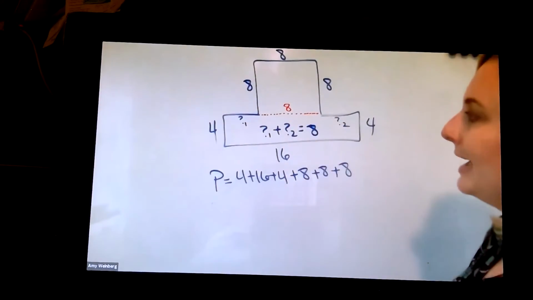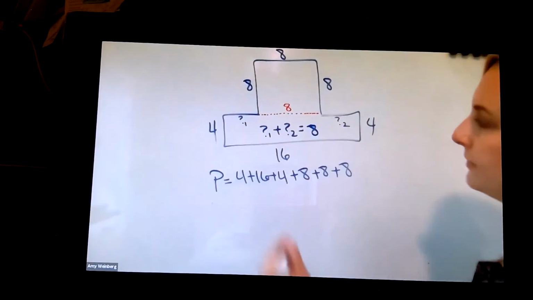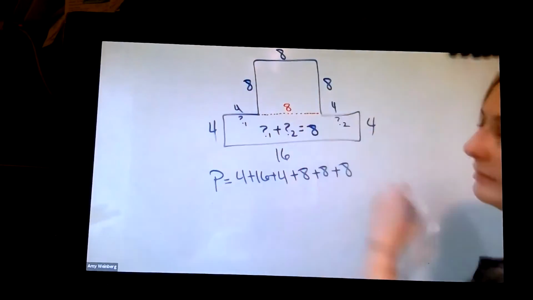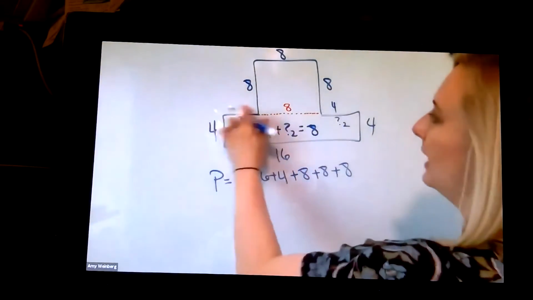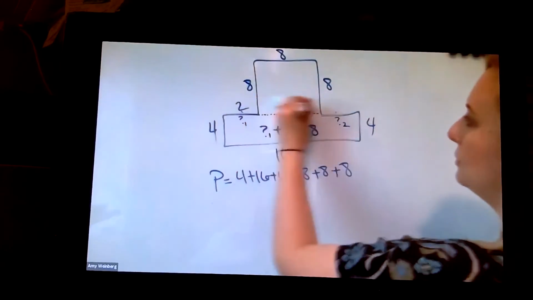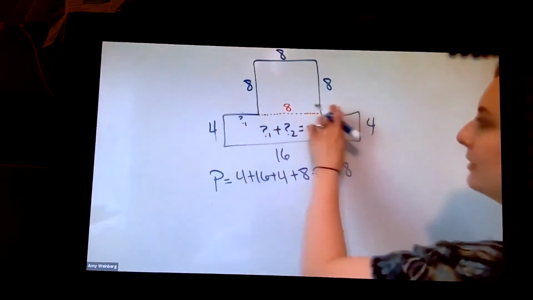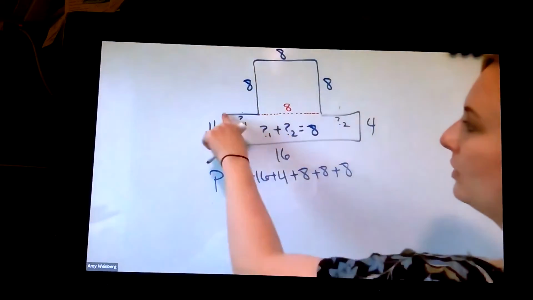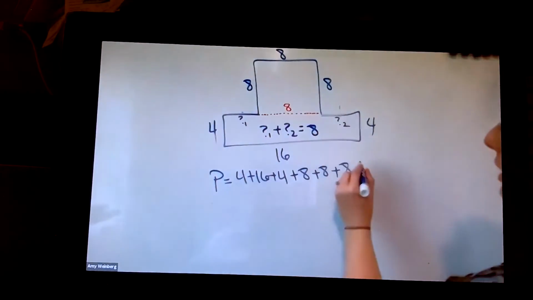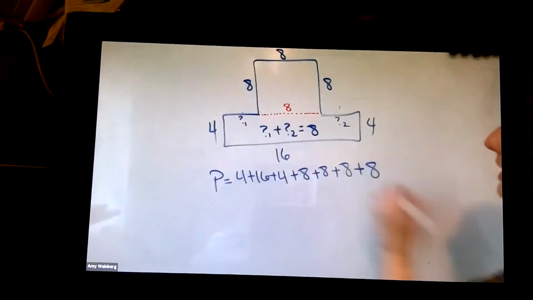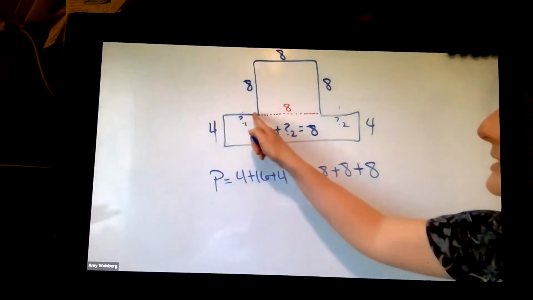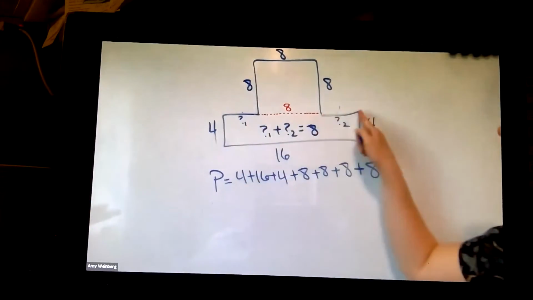So question mark 1 and question mark 2 equal 8. Now, I don't know if this is 4 and 4. I have no idea. I don't know if this is 2 and 6. I have no idea. But it doesn't matter because all I need to know for perimeter is what these two are together. So now I'm just going to add another 8 at the end, and that will represent this plus this.